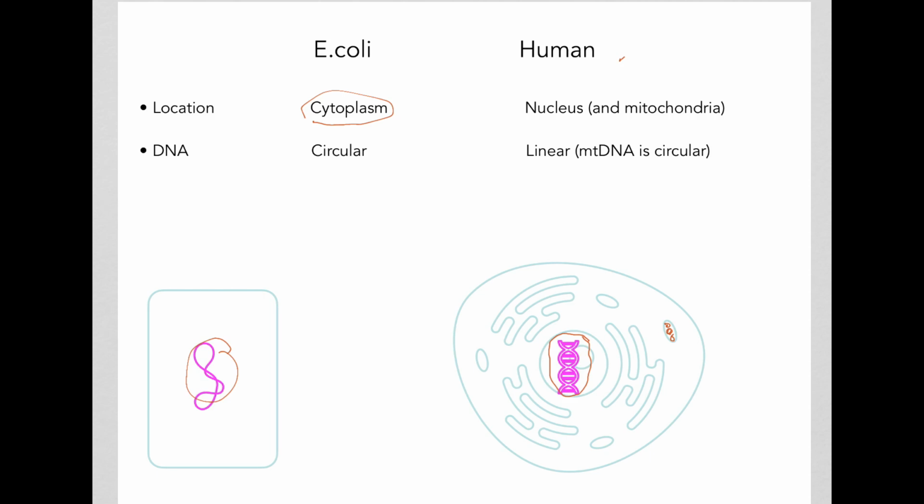This is called mitochondrial DNA, and it is circular. Nuclear DNA is linear, while, as we saw in the previous video, E. coli DNA is circular.